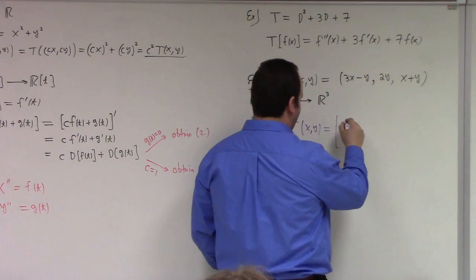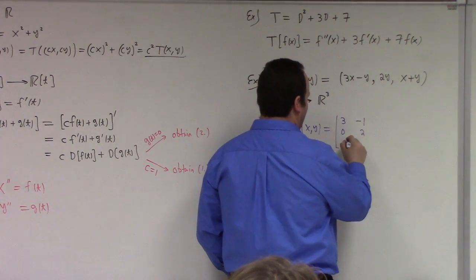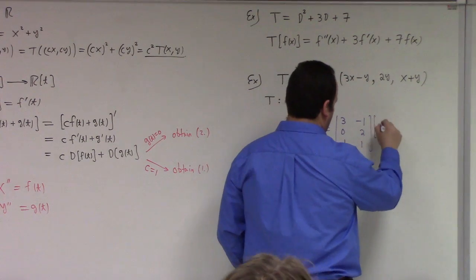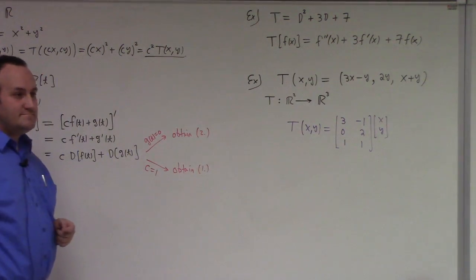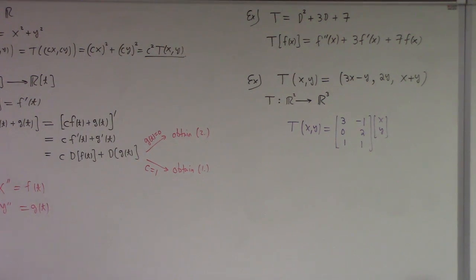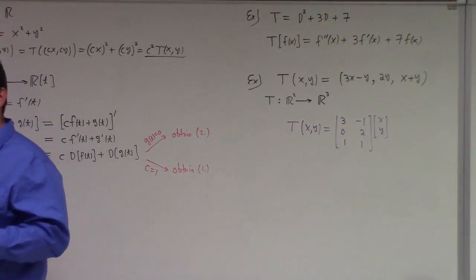Let's see here. So the matrix with rows 3, minus 1; 0, 2; 1, 1, times x, y. See what I did? Matrix multiplication. So I'm going to take an indirect approach to showing you that this is a linear transformation.